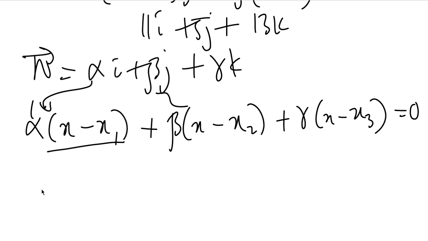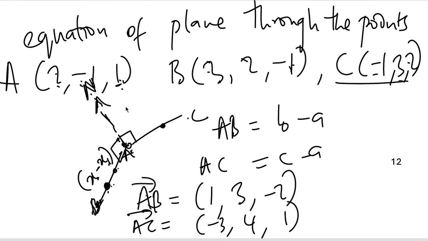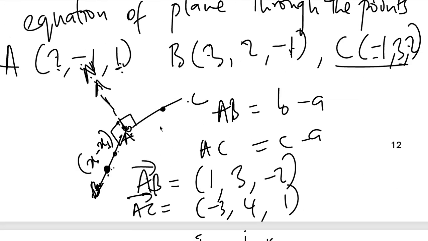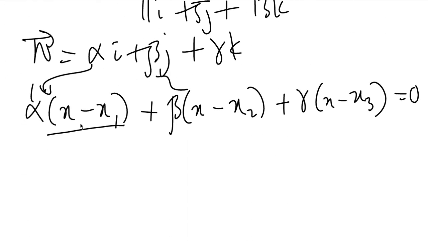Or if we now decide to take from the other point, let's call it, in this case, AC. If we are now choosing from AC, we may now have that the AC vector is alpha of, that will be x minus x2 plus, okay, there's a little bit of confusion.